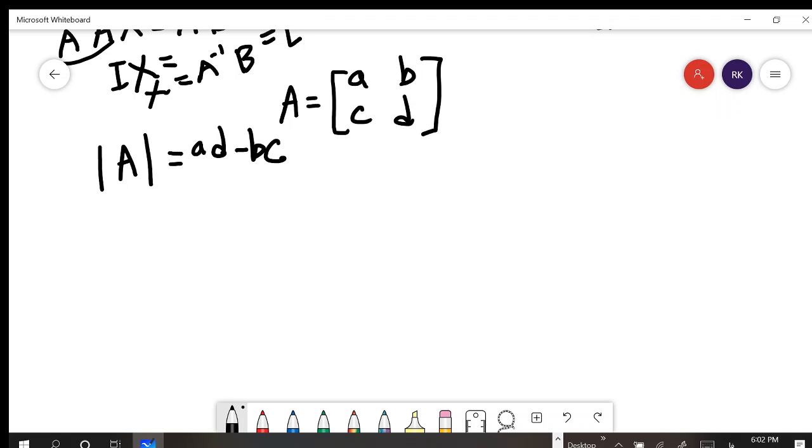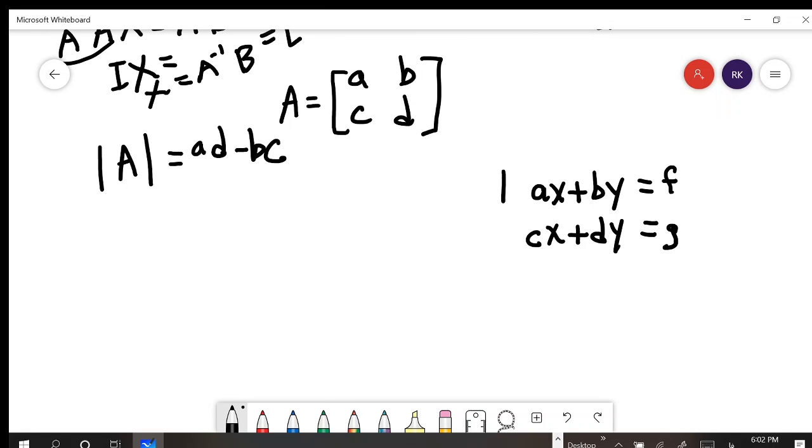And if you want to know why, if you write a system like AX plus BY equals some number, and CX plus DY equals some other number, let's say F and G, then if you try to solve this with the elimination method, you're going to end up with x equal to something with a denominator of AD minus BC.